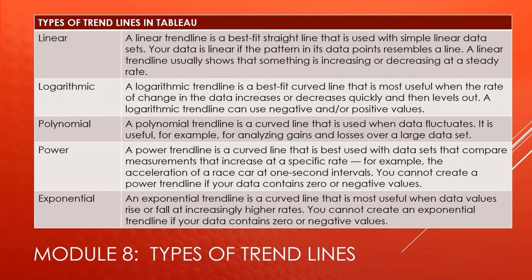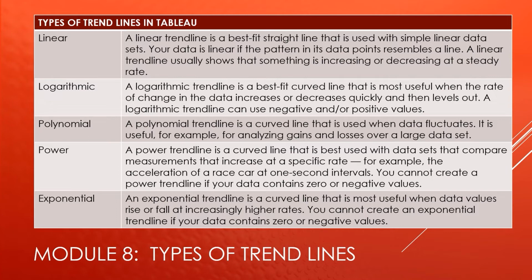A linear trend line usually shows that something is increasing or decreasing at a steady rate. A logarithmic trend line can use negative and or positive values, and it's most useful when the rate of change in the data increases or decreases quickly and then levels out.